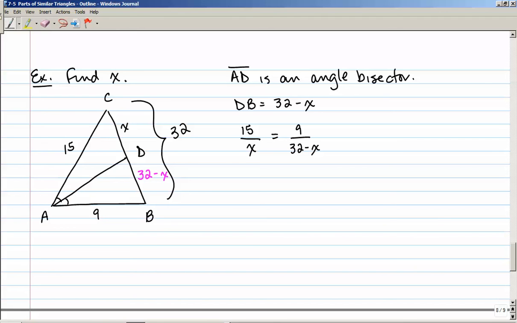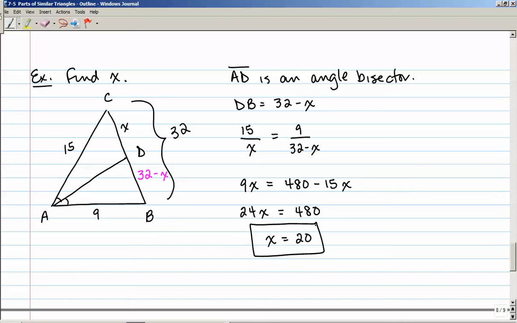I could also say 15 over 9 equals x over 32 minus x. Any of those would work. So doing the cross product, 9x equals 480 minus 15x. 24x equals 480, or x equals 20.